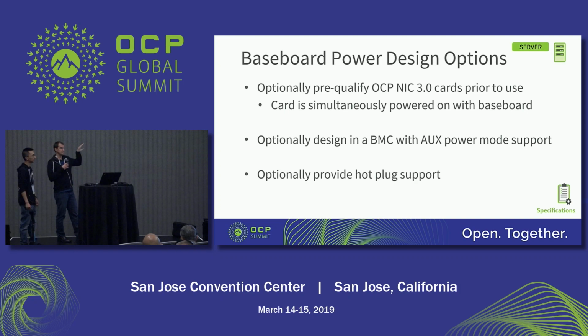You can optionally design to use that aux power mode to help when a card is started and use a BMC. Or if a system vendor wants to do the cheapest, simplest possible implementation, you don't have to do that. You can go right from aux to main power.